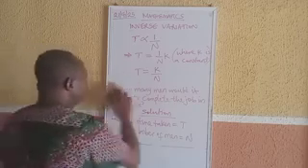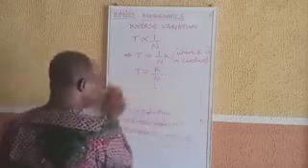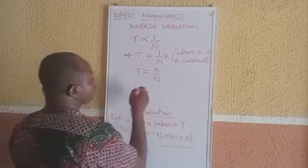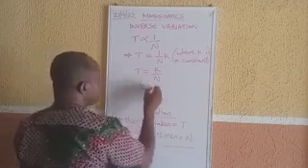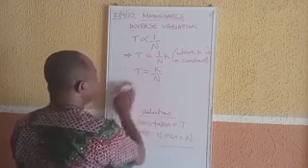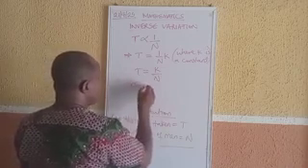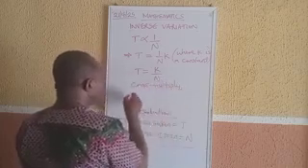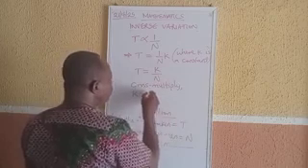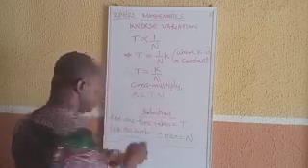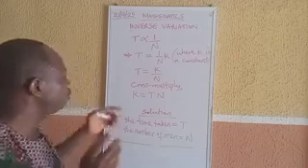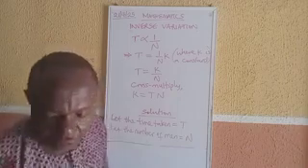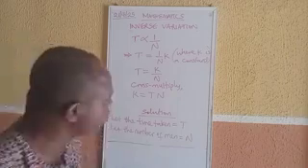If we cross multiply so that we can make K subject of the formula, we are going to have K equals T times N. So now let's use the first set of values we are given to solve. We are told that when there are 400 men, it will take them 27 months.